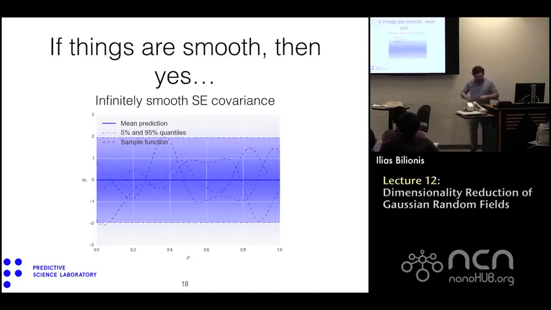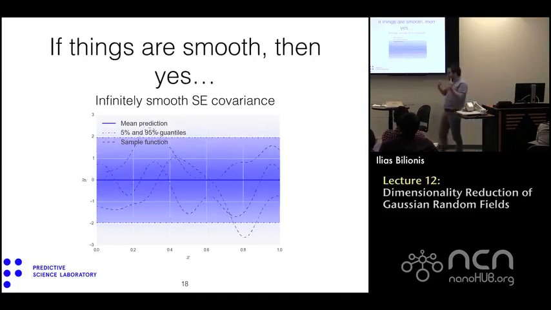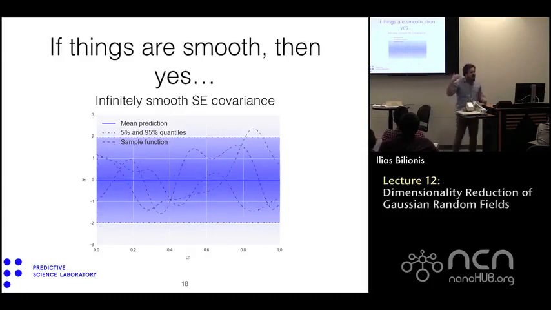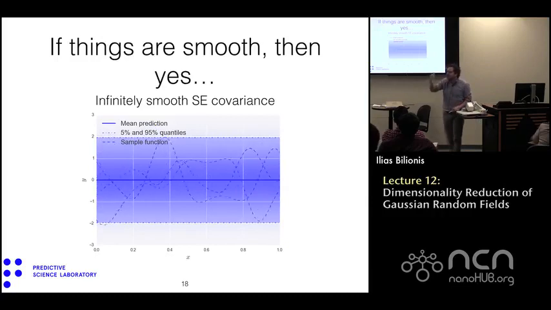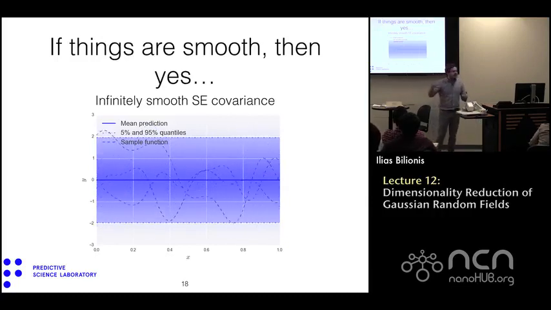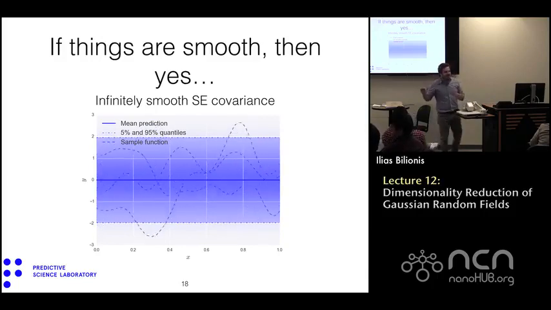Just to appreciate where this other way comes from, look at that. When you have a smooth covariance function that gives you smooth, nice samples with a big length scale, then there's definitely a way to reduce the dimensionality.